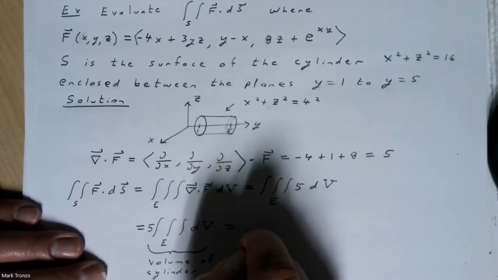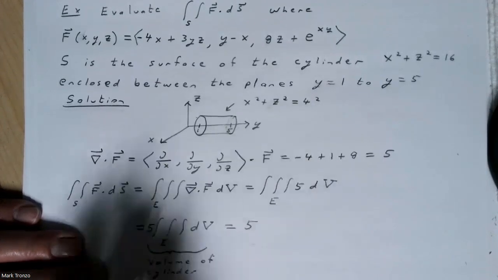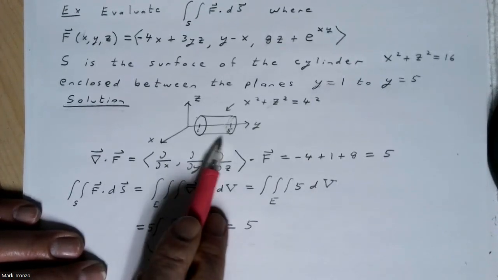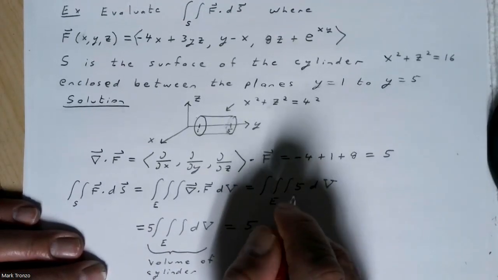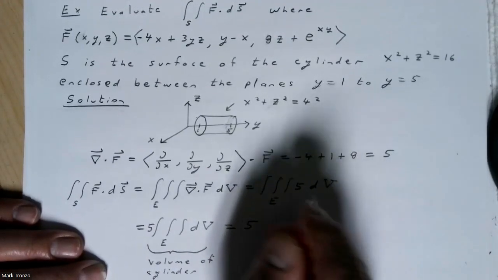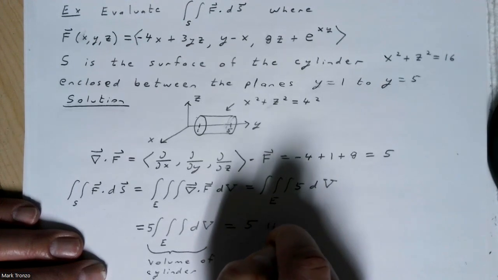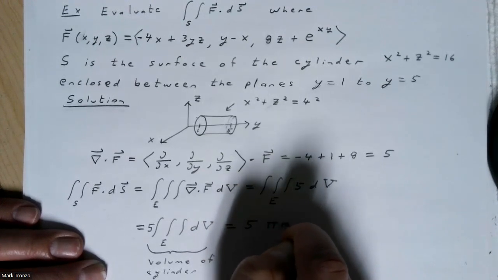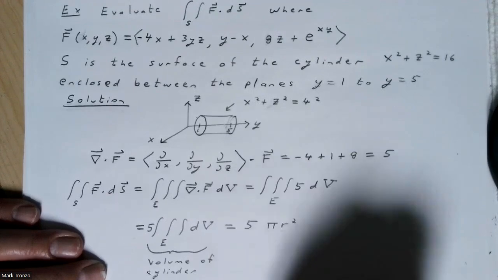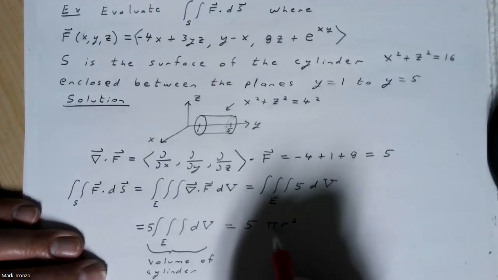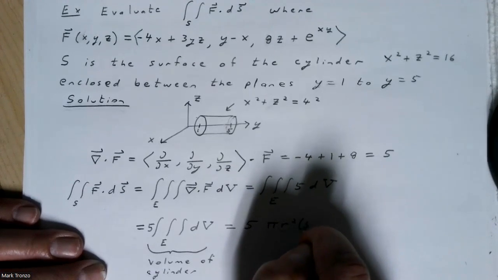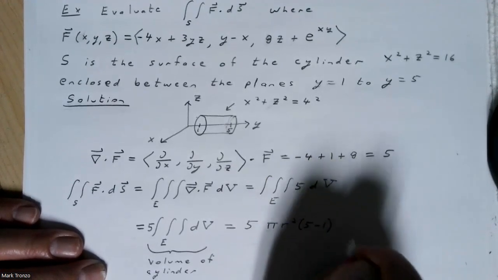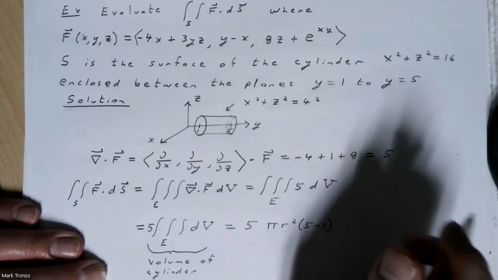And so let's actually do this. So we're going to have the 5. And then the volume here is going to be pi r squared, the area of the circle, times the height, which is going to be 5 minus 1, which is 4.